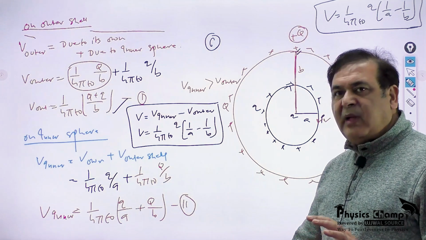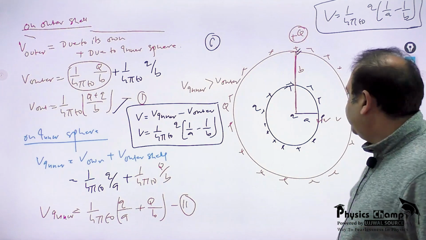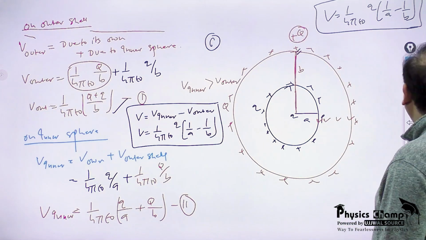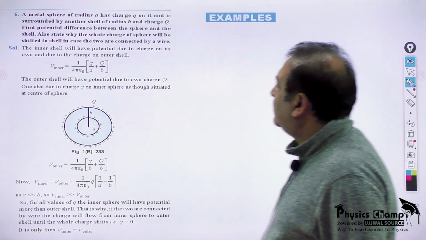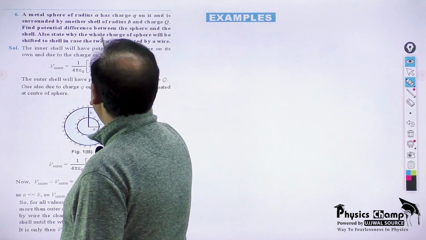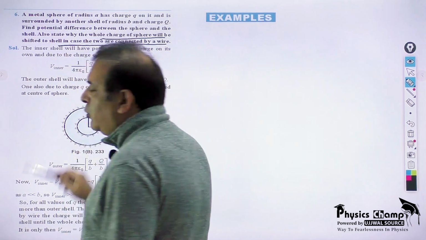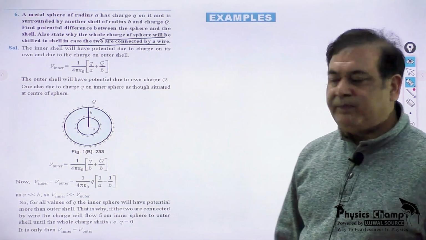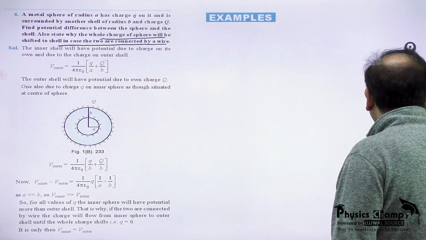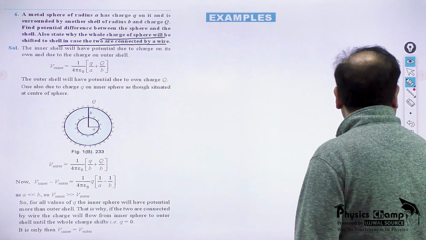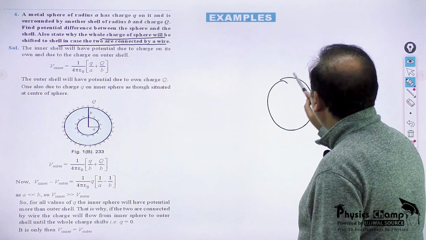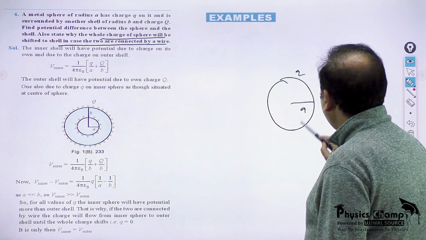Now, the other part of the question comes. If you are looking back, it was also to state why the whole charge of the sphere will be shifted to the shell in case the two are connected by a wire. So I am just making those two situations again. The inner one has a charge small q and a radius a.